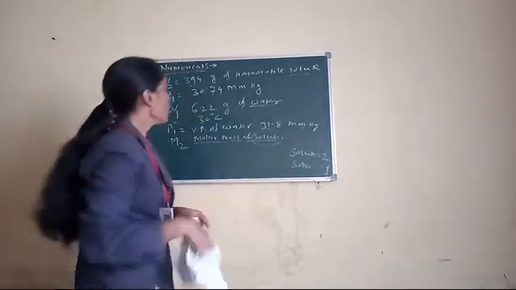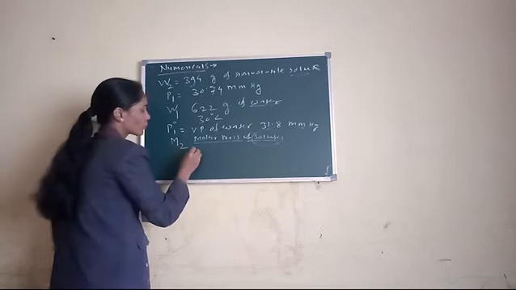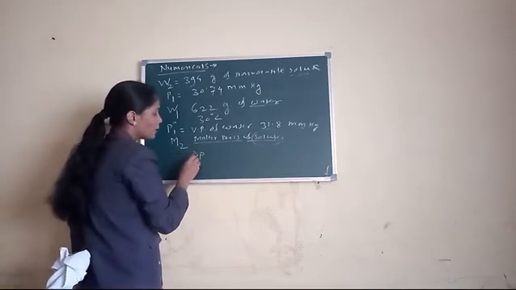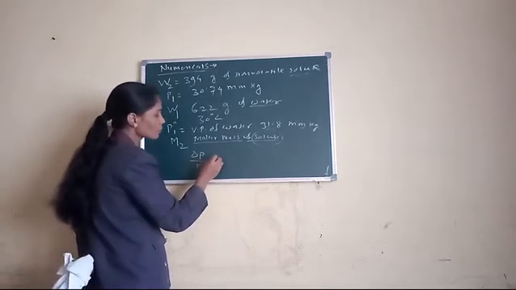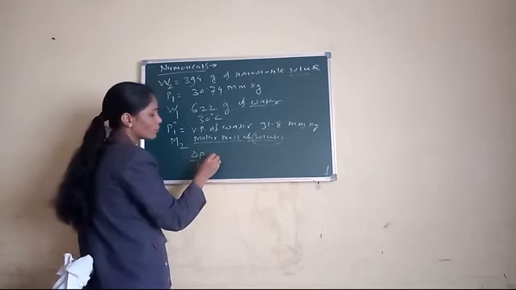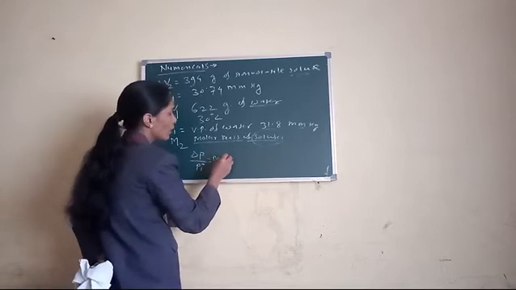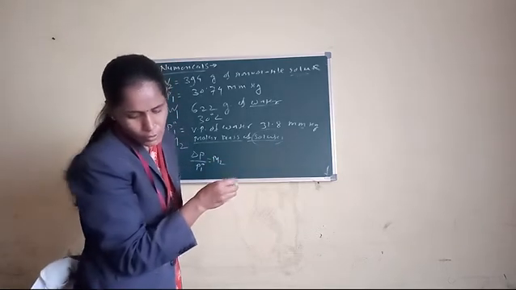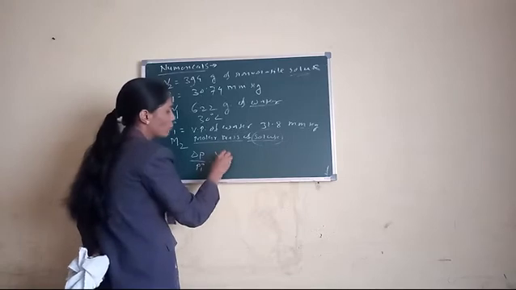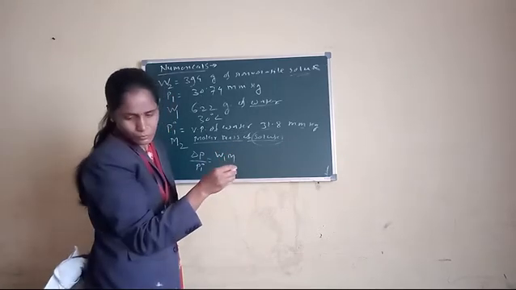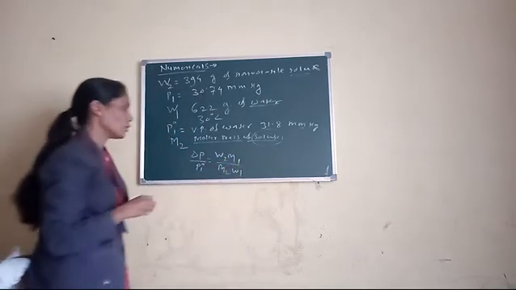Initially, write the formula for M2. Delta P upon P1 naught is equal to X2, and the formula is W2 M1 upon M2 W1.